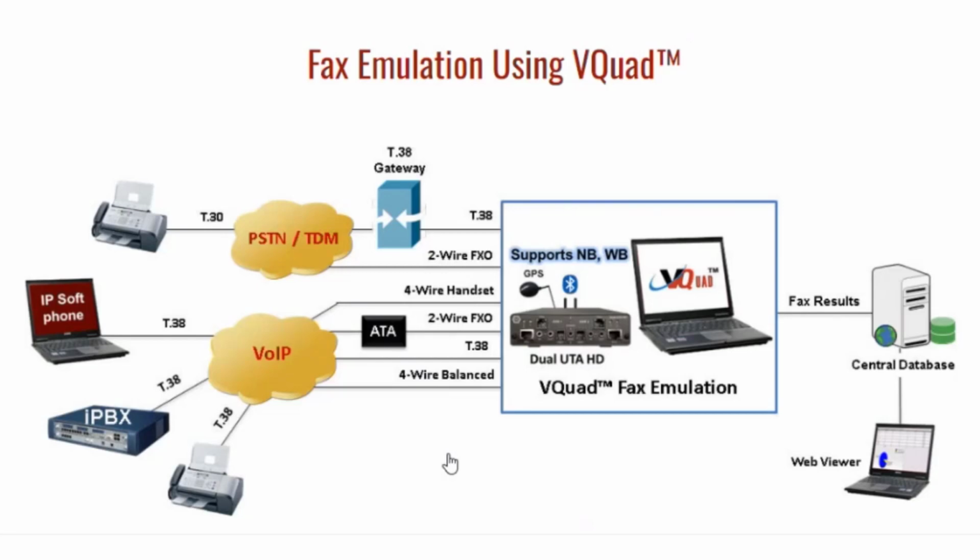We're using this Viking line simulator for 2-wire. So we're going out and back in. Then we'll make a 2-wire call from side one to side two, and once the call is established, we will send fax from side one and receive fax on side two.